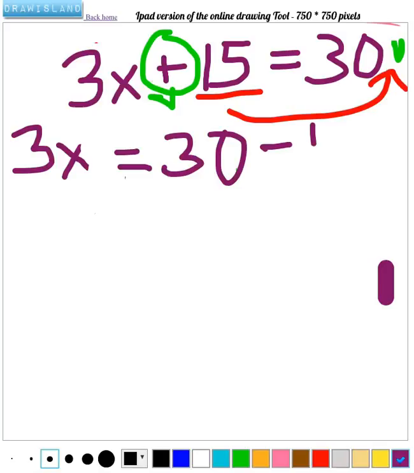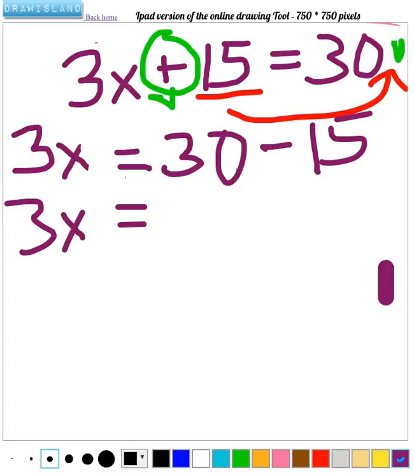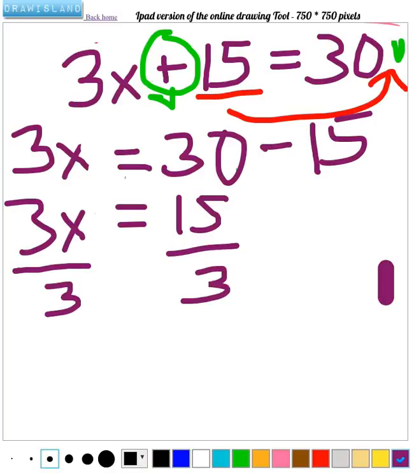So minus 15. That becomes 3x is equal to 15, which is, you divide both sides by 3. These cross out.